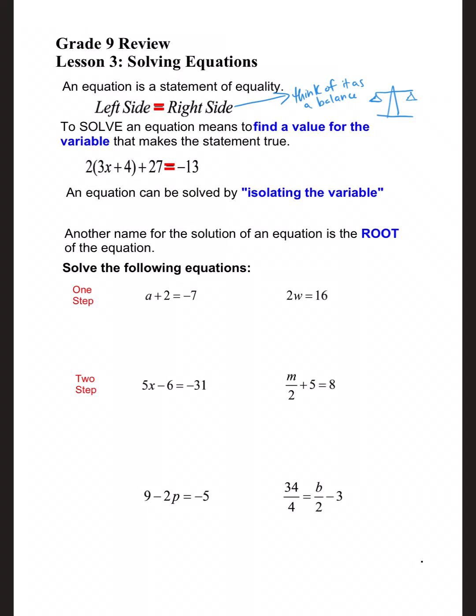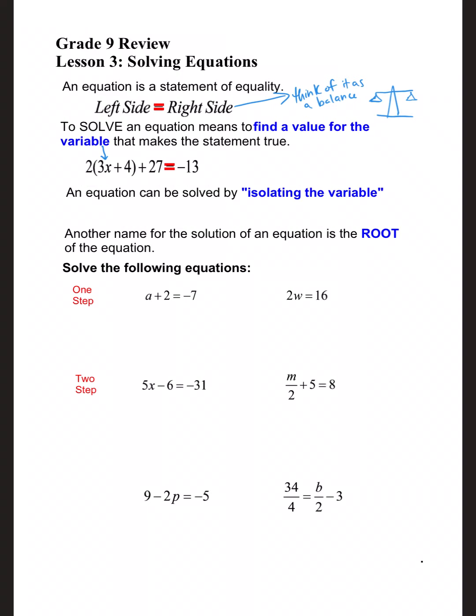If you translate that to an actual equation, to solve an equation means that we're trying to find a value for the variable, or the letter part, that makes the statement true. When we're talking about the variable, we're talking about this letter part here, the x. The left side of the equation equals something, and the right side of the equation equals something, and those two somethings should be the same.